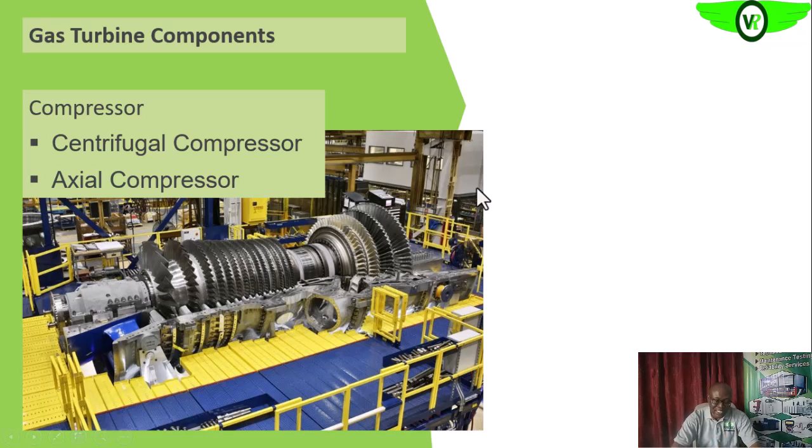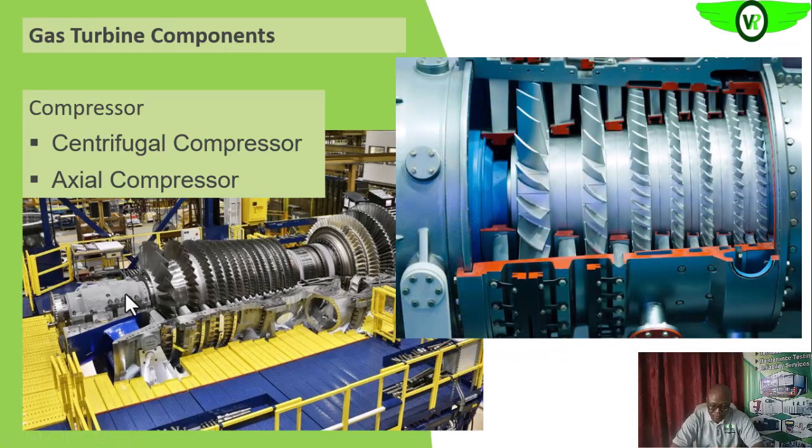So you see that at the end of the day, what will come out at the end of the compressor will be of high pressure. The pressure here, which is the discharge pressure, is always higher than the pressure at the middle and the pressure at the intake. So that's the axial flow compressor, and that is what we are seeing here.